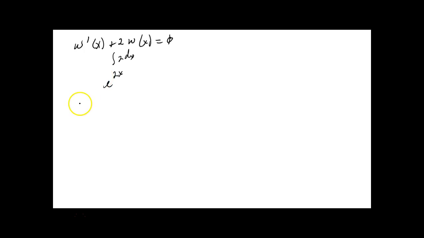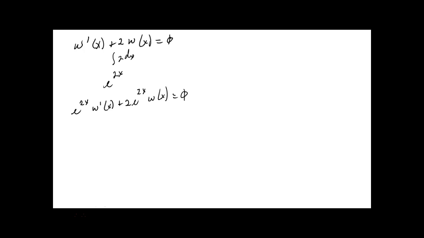Now you multiply that by both sides, and you get e to the 2x w prime of x plus 2 e to the 2x w of x equals 0.